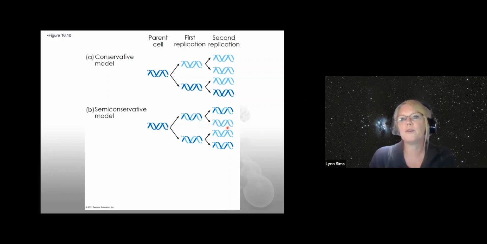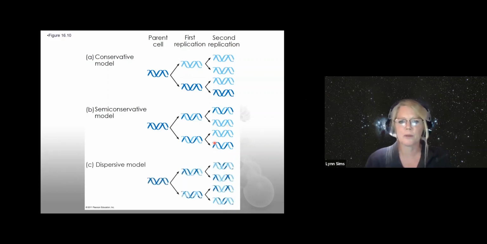Over time, you would see a slower increase in the newer strand, but you would maintain the hybrid strand. Over time, you're going to see a slower increase in the rate of the molecules that have a daughter type strand, which was just considered a copy.